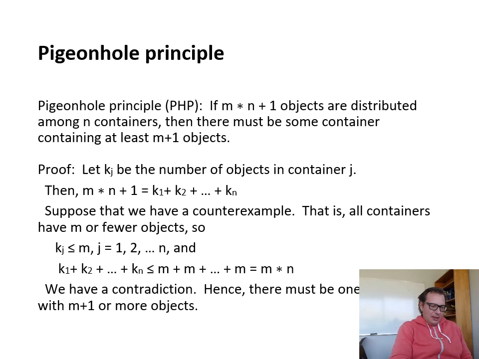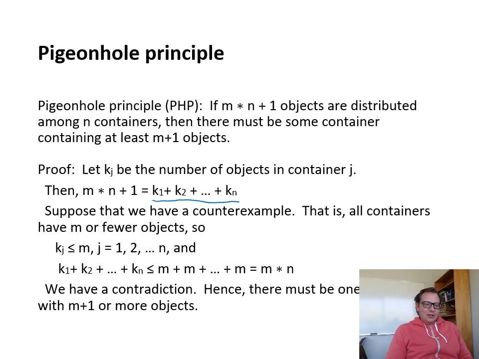So if you look at the proof, let's try to follow it. Let Kj be the number of objects in container j, and then we have that m times n plus 1 is equal to the sum of the numbers of objects in all of the containers.